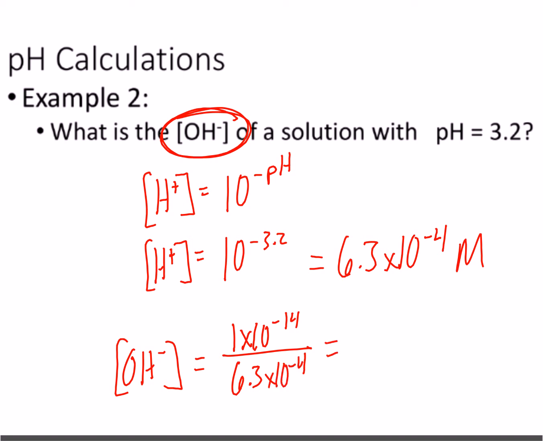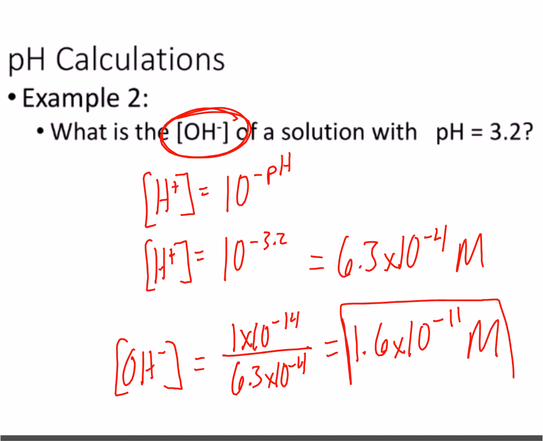And when you do that, what should you get for an answer? Oh, that's a long decimal there, Mikey. We're going to round it. 1.6 times 10 to the minus what? And then what's our unit? 1.6 times 10 to the minus 11. Questions?